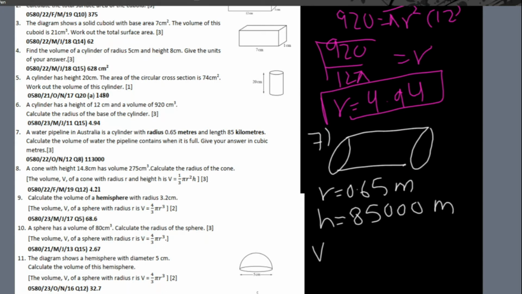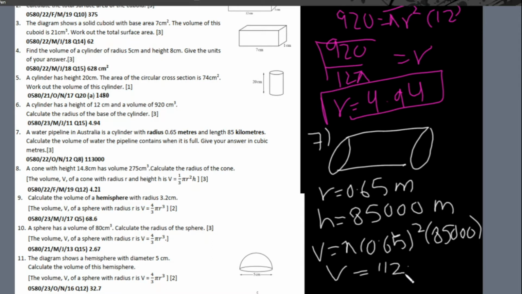Okay, find the volume. Volume is pi r square times height. So this gives us pi times 0.65 square times 85,000, which is 112822.44 and so on.